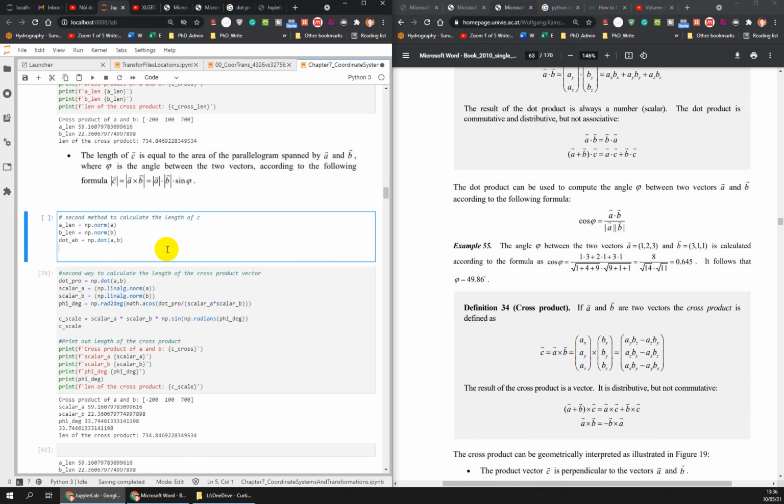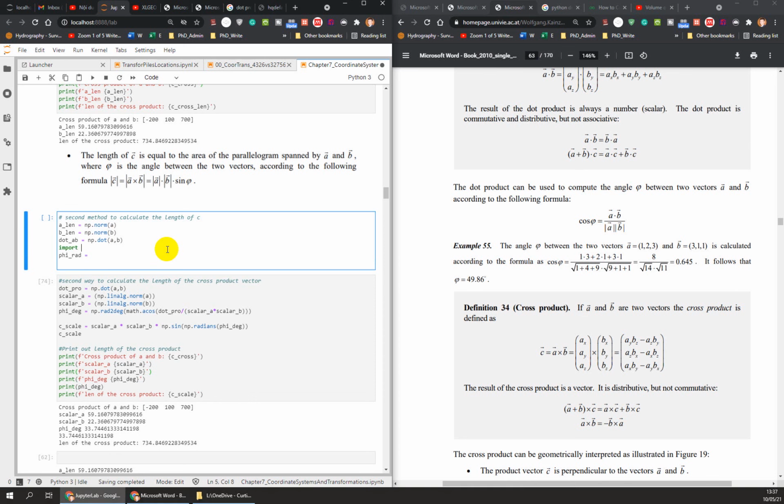Then the angle phi, which is in radians, we need to import math as well here. We use math.acos of something over something. Above is just the dot product of A and B, and below is the A length multiplied by the B length. Then we would need to convert it into degrees. Oh, we don't need to.